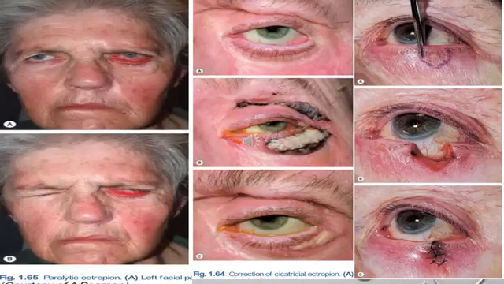In the last slide, we'll see these photos of patients with ectropion. The first one on the left side is the photo of a patient with a paralytic ectropion with facial palsy. As you see here, the patient is incapable of closing the eye. The second photo in the middle shows a patient with cicatricial ectropion.